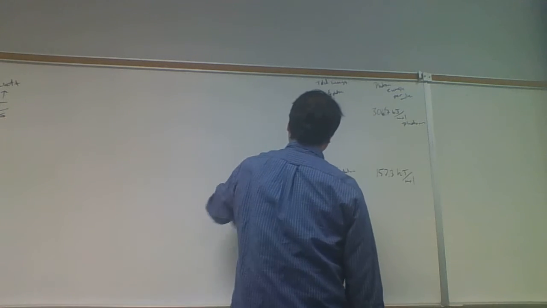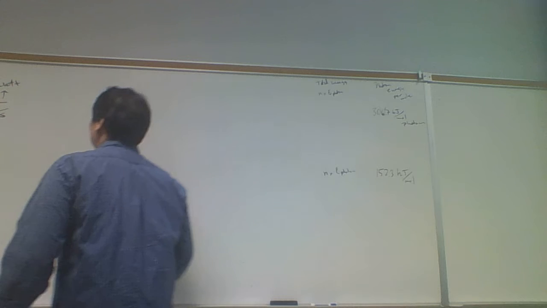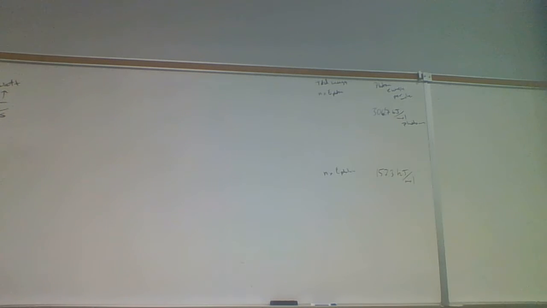Let's say I had a red light bulb at 760 versus a violet light bulb at 390. So this is 100 watts. We'll do violet at 390 nanometers.